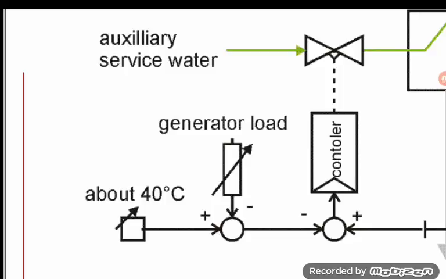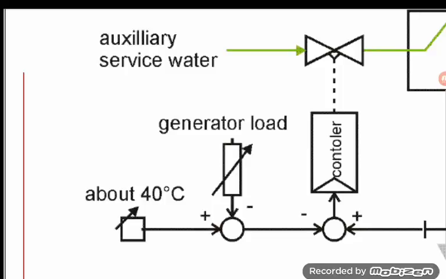The situation is, you have set point 40 degrees and the measurement is 40 degrees. You didn't have this time that the temperature is going up. So you have set point 40 degrees, and because you raise the generator load, you subtract 5 degrees from the set point of 40, so here is 35 coming out.